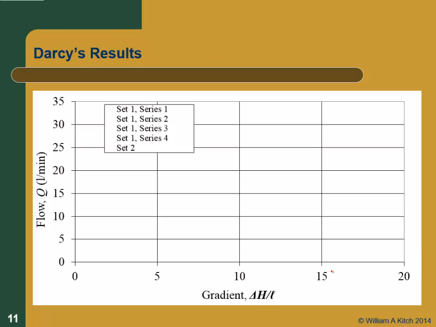All right, and these are his results, which you can download online and look at. So he plotted the flow out as a function of the hydraulic gradient. If you recall from your fundamentals, the hydraulic gradient is the change in head divided by the length, so that's a dimensionless measure. And he did several tests.